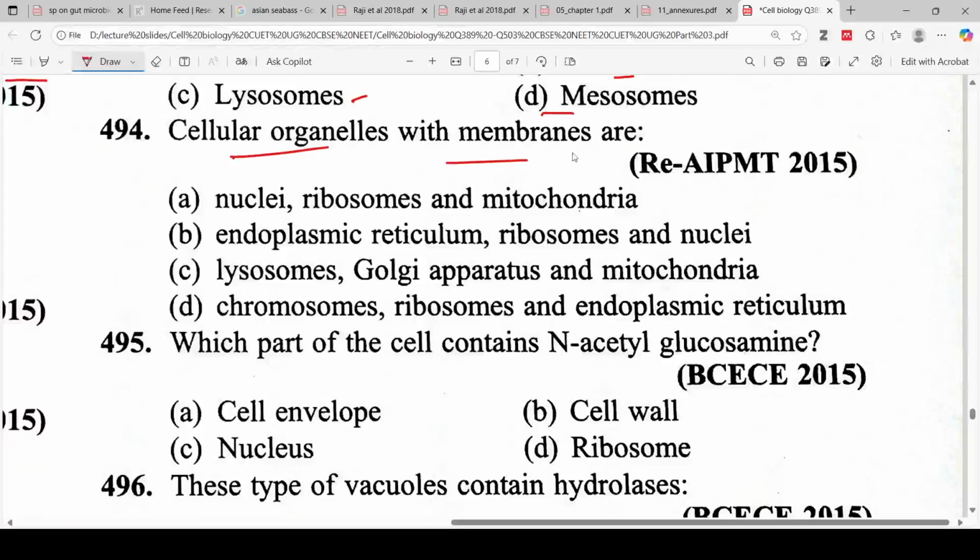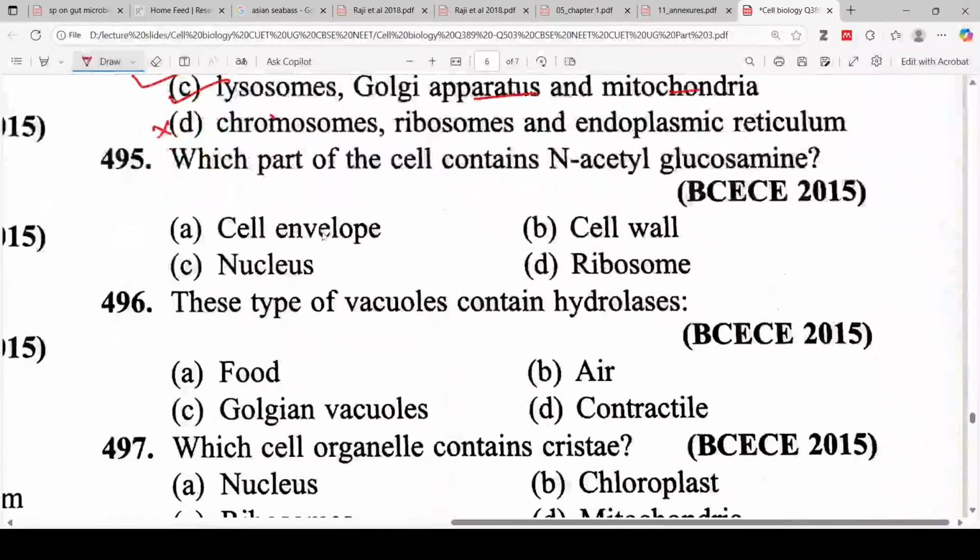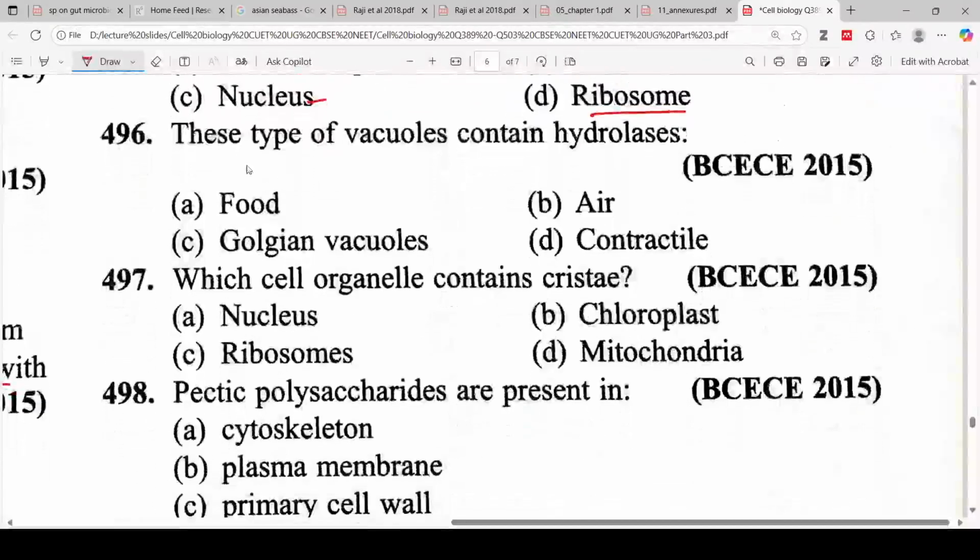Cellular organelles with membranes are: nucleus, ribosome, mitochondria, this option is not correct; endoplasmic reticulum, ribosomes, nucleus, this is also not correct; lysosome, Golgi apparatus, mitochondria will be the correct answer, so option C. Next question, which part of the cell contains N-acetyl glucosamine? Cell envelope, nucleus, cell wall, and ribosome. The cell wall will be the correct answer.